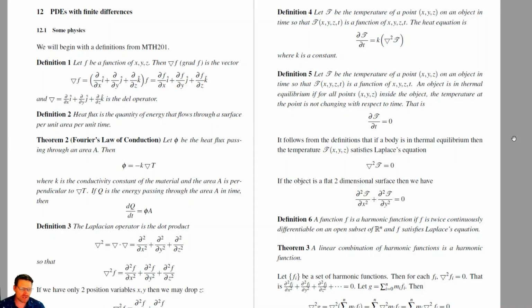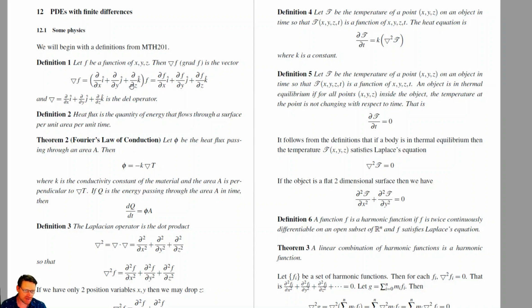Let f be a function of x, y, and z. Then the gradient vector, or grad f, is the vector where each of the coefficients of i, j, k are the differential operators. So d on dx, d on dy, d on dz.